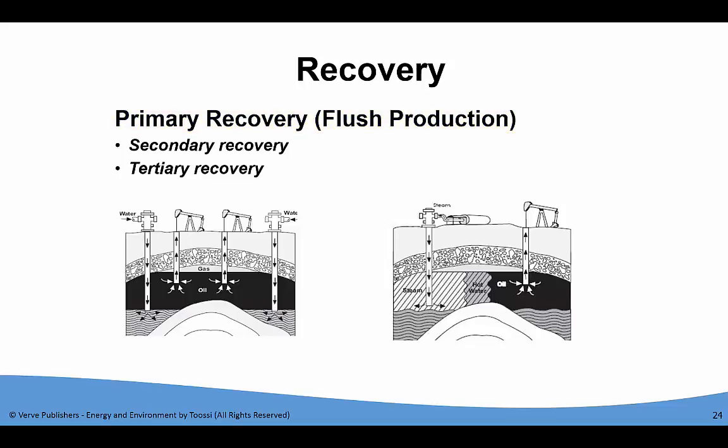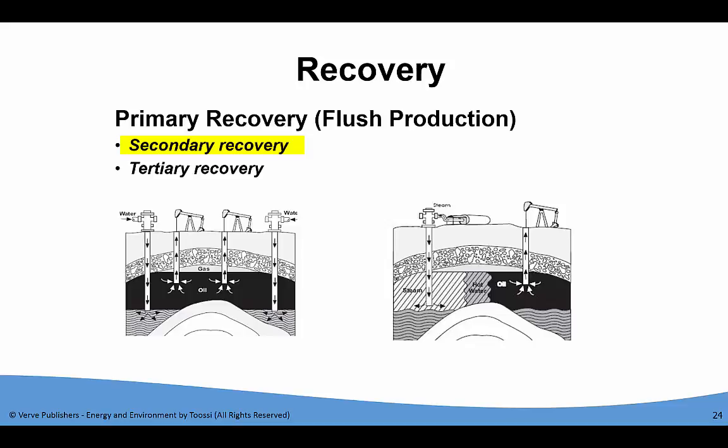Then the pressure inside this reservoir drops, so we have to go to enhanced oil recovery. The next stage is called secondary recovery. In secondary recovery, we pump some substances in to raise the pressure of the oil.